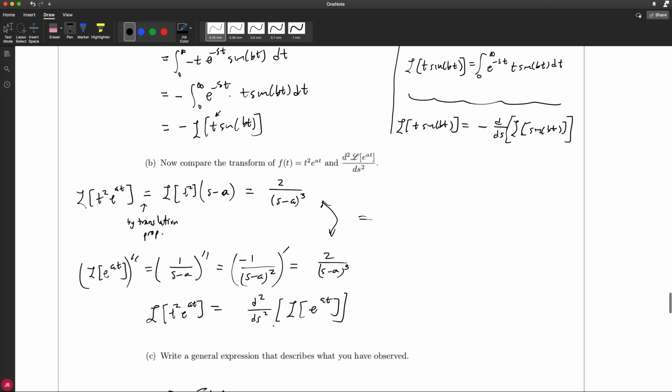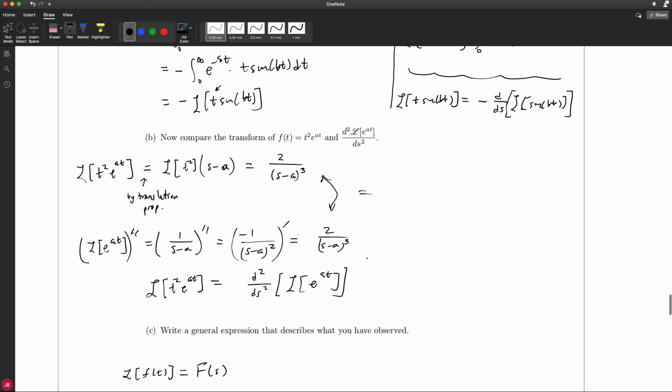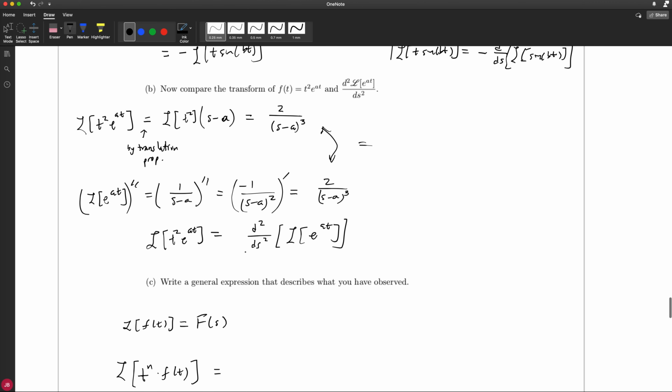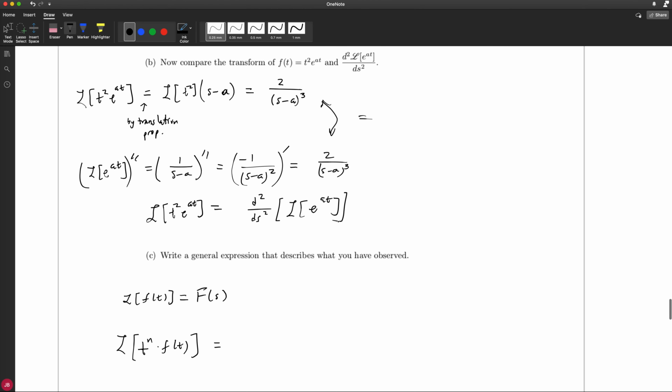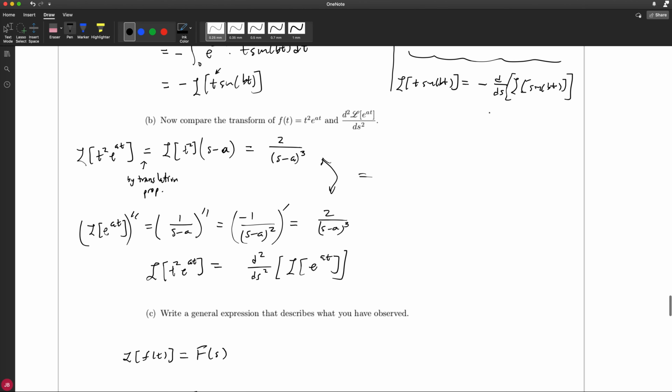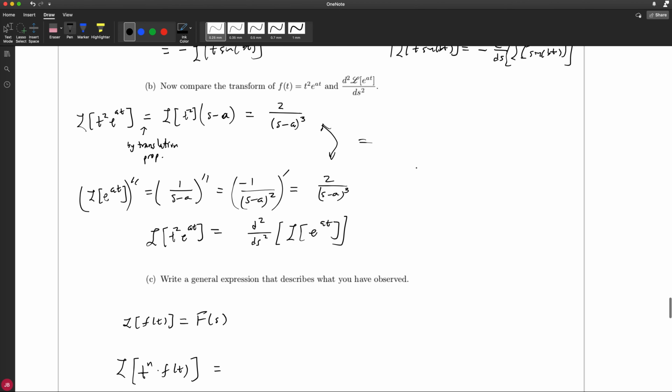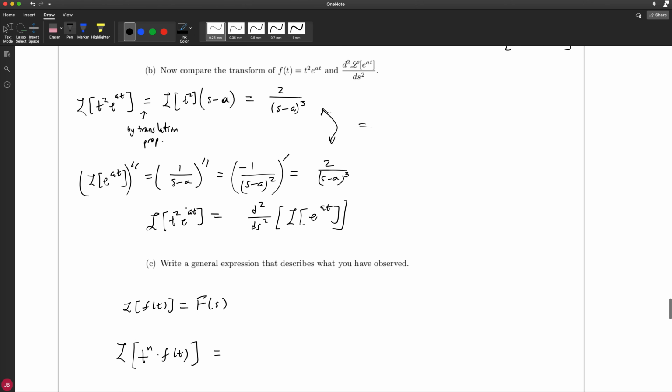So can we capture what's happening here? If I call the Laplace transform of a well-known function capital F, then when I multiply by a power of t, let's see what happens. Well, when I multiplied by t to the first, I got a minus sign, you see up here. And when I multiplied by t squared, I did not get a minus sign. I got essentially a positive, right?